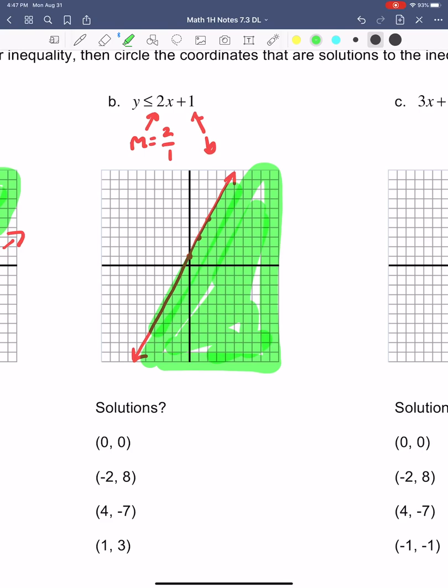And so then we have to decide which of these points are solutions. So 0, 0 we can see is in the shaded area, so that's a check. Negative 2, comma 8 is somewhere up in this second quadrant, so that's not going to work. 4, negative 7 should be down here, so that is a solution. And then 1, comma 3, this one is right on the line, but since this is a solid line, this counts as a solution.